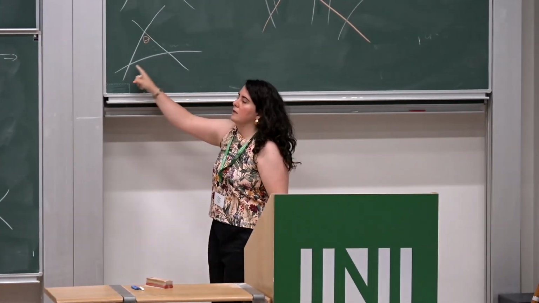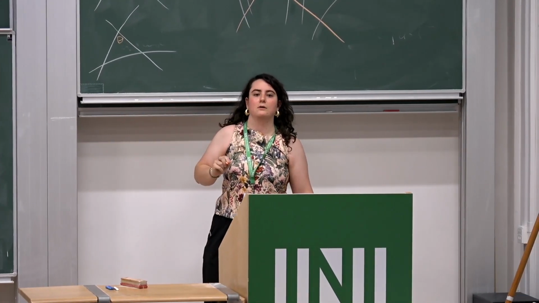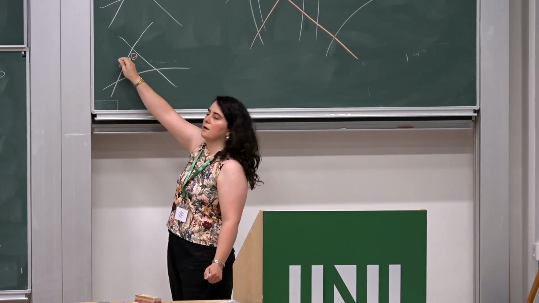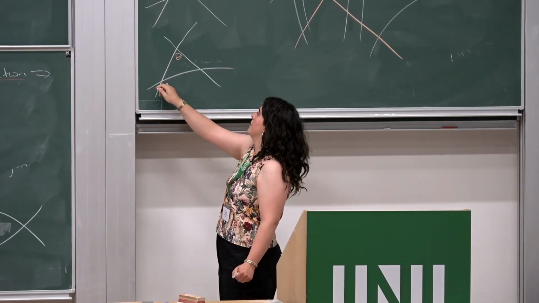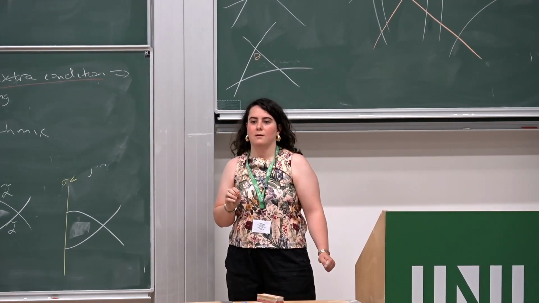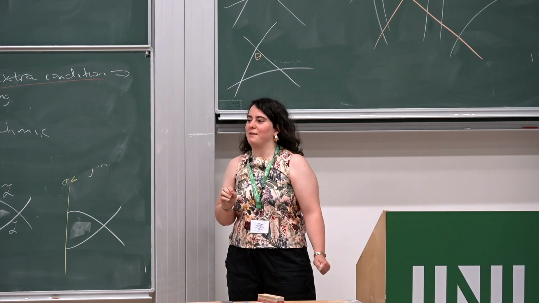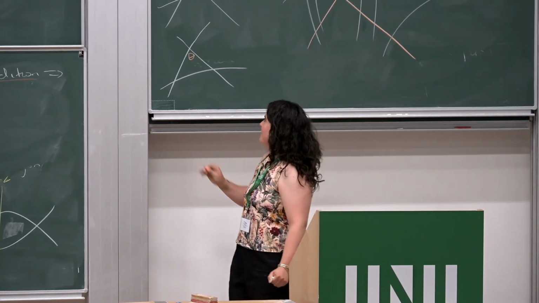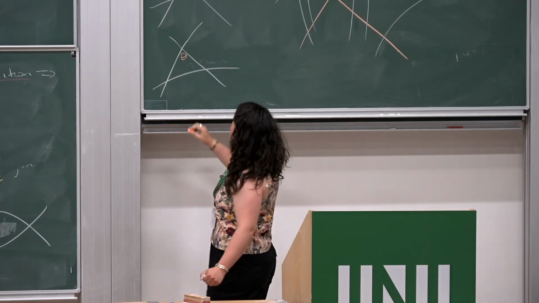What happens with the opposite exterior angles of the triangle in hyperbolic geometry? What would you expect? If this is a hyperbolic triangle, I have this angle here. What happens with the opposite external angles? Come on, people know hyperbolic geometry, no? They are bigger, right?